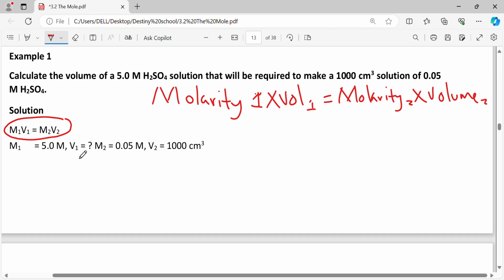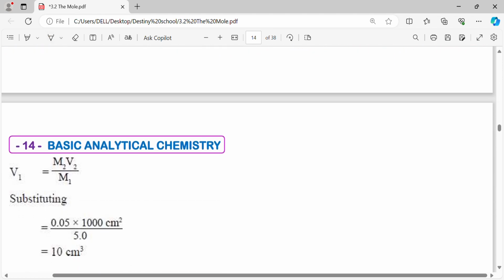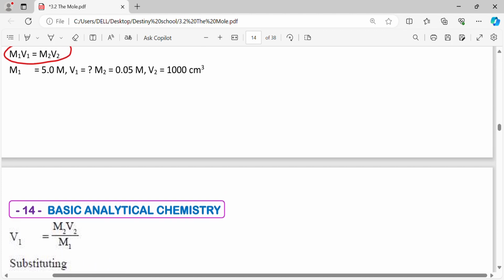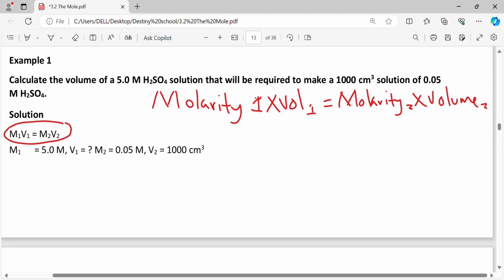Read this English very well. Then what about molarity 2? You can see that this 1000 matches with this 0.05. So 1000 is our volume 2 and the molarity is 0.05.